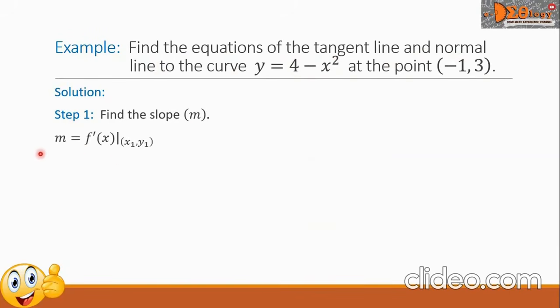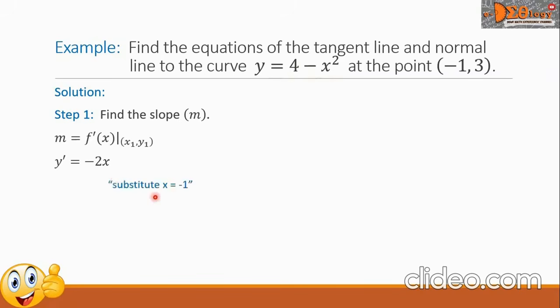So we write m equals f prime of x at the point x sub 1, y sub 1. So first, we're going to take the derivative of the curve. So we write here y prime is equal to the derivative of the constant 4 is 0, so we will not write anymore. The derivative of negative x squared is negative 2x.